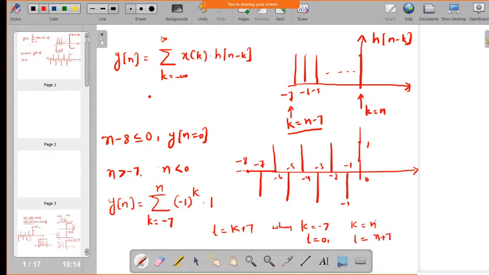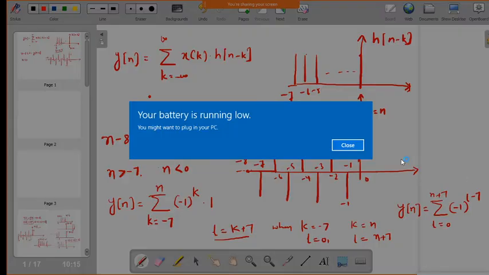Now substitute these limits. You will get y of n equal to summation, L equal to 0 to n plus 7, minus 1 power, what is k now, it is L minus 7. Substituting k in terms of L, it becomes L minus 7.